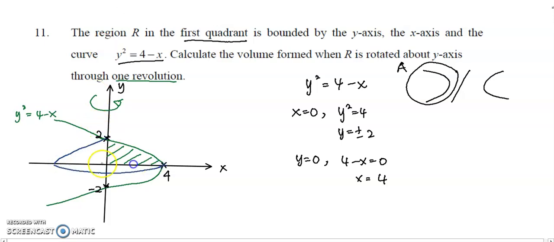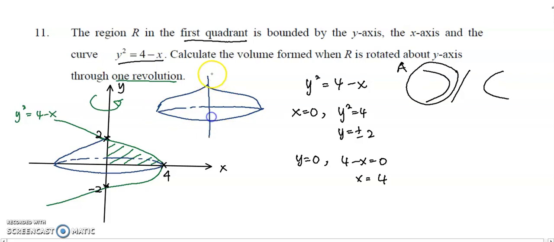This is the solid that we probably will get. When this piece of region rotates about the y-axis, it will form a solid like that.